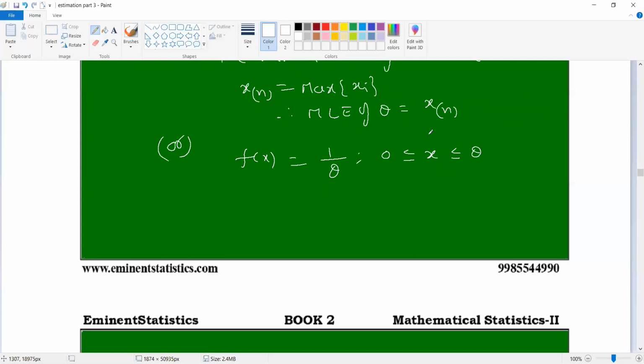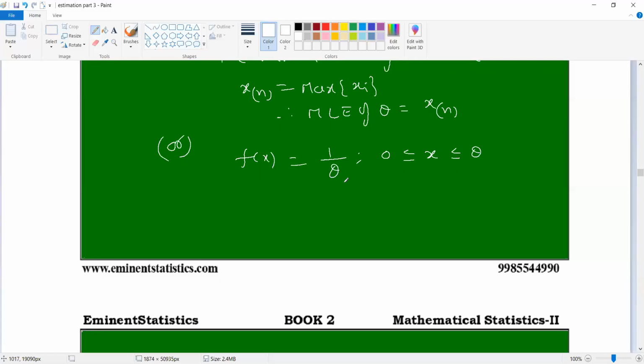Here in this interval, the theta falls right side of the x. When theta falls right side of the x, the minimum value of theta is xn order. When theta falls left side, the maximum value of theta is x1 order. Depending upon these two, we can write the MLEs.